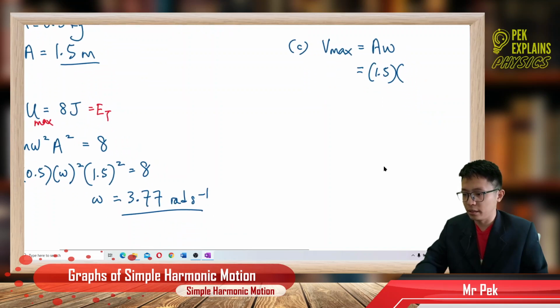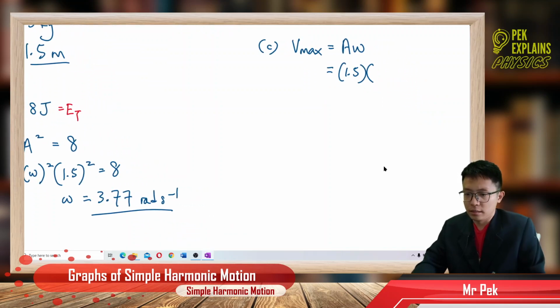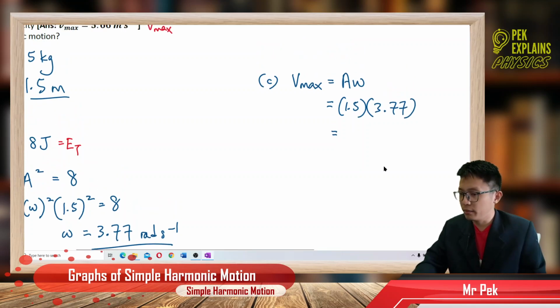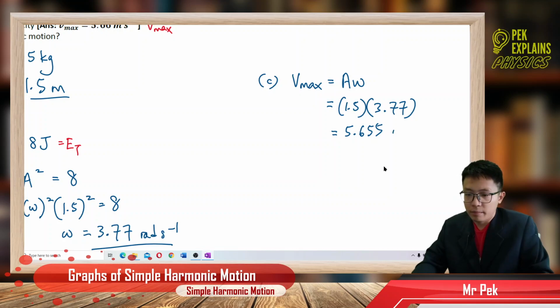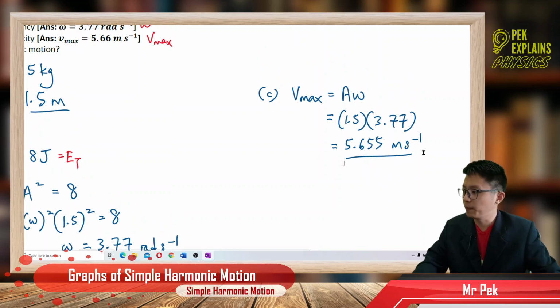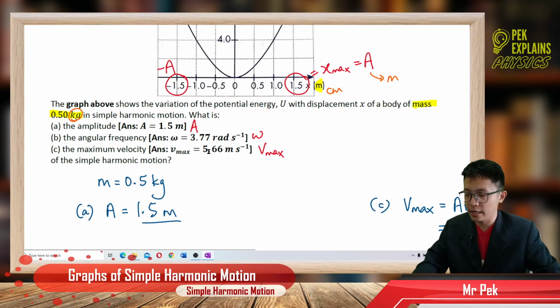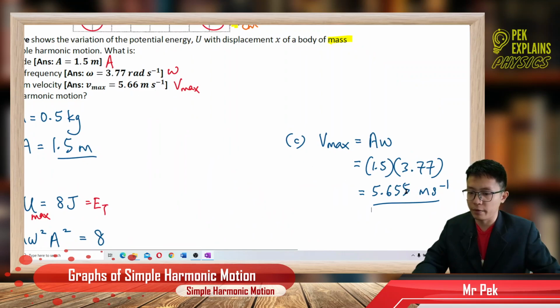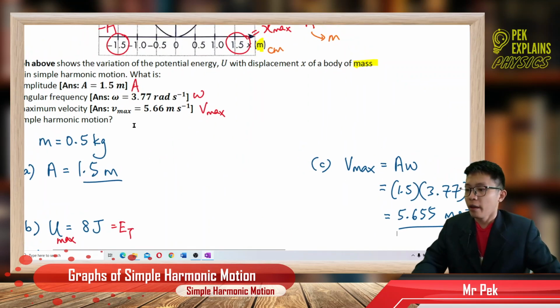The omega is also in SI unit, nothing to worry about. So just multiply A omega. What do we get? 5.655 meter per second. The unit is meter per second, because velocity is meter per second.